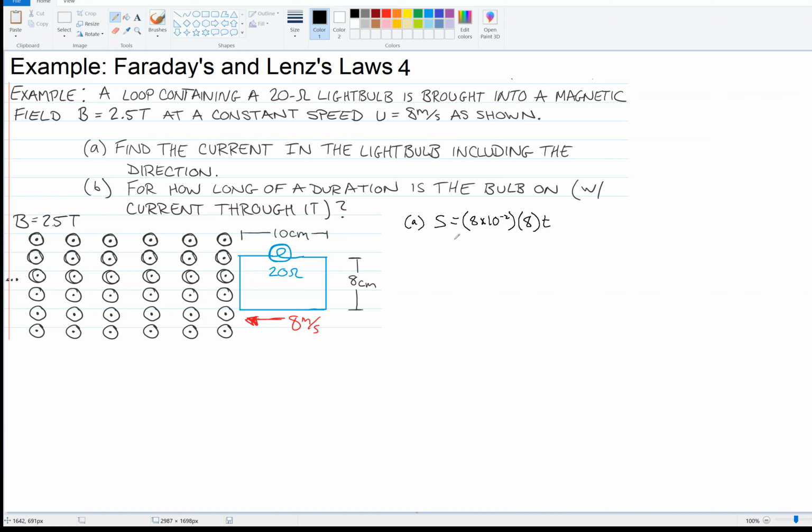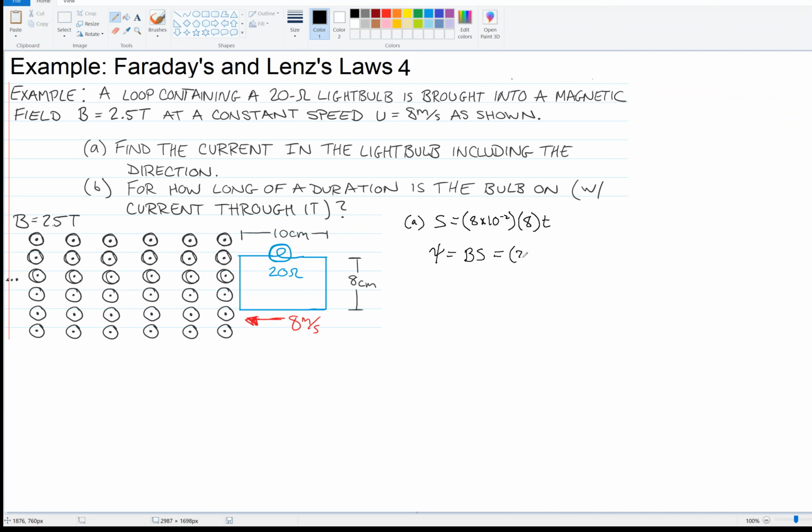So now the flux, of course, the magnetic field is coming out at you. And the surface area vector is also pointing out at you, meaning they're parallel. So the flux there is just B times S, which is nice, right?